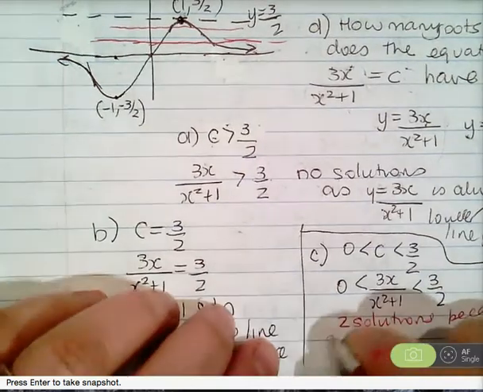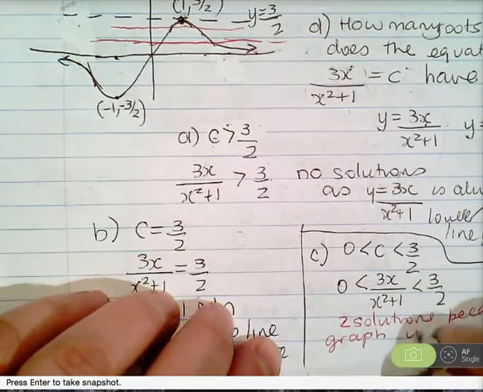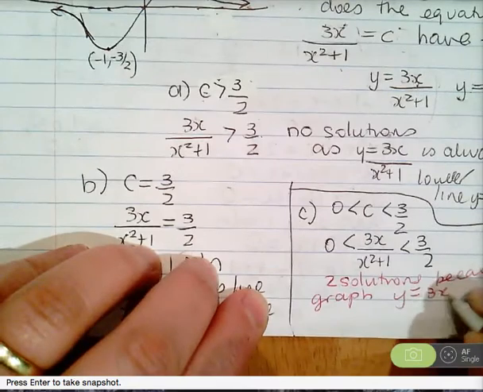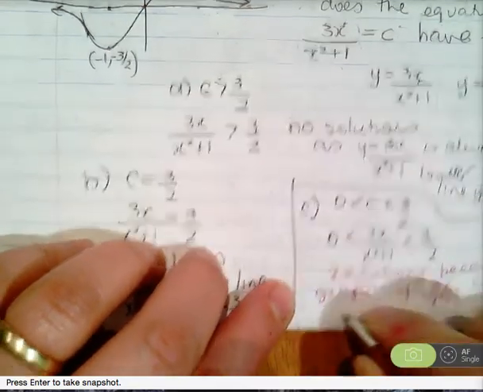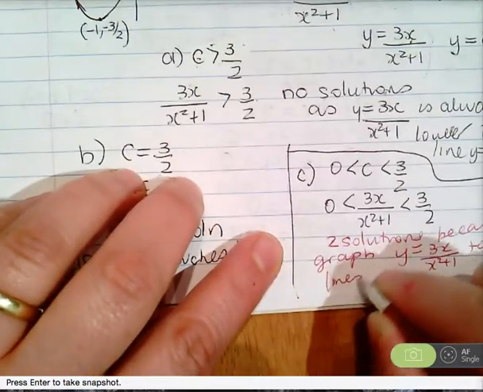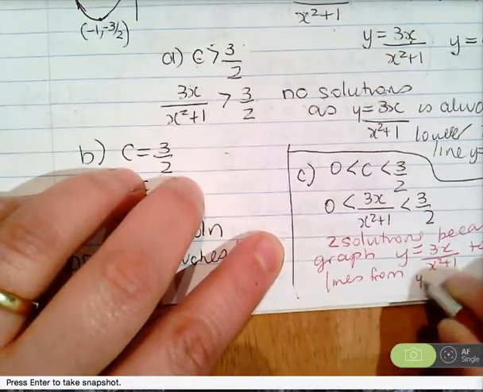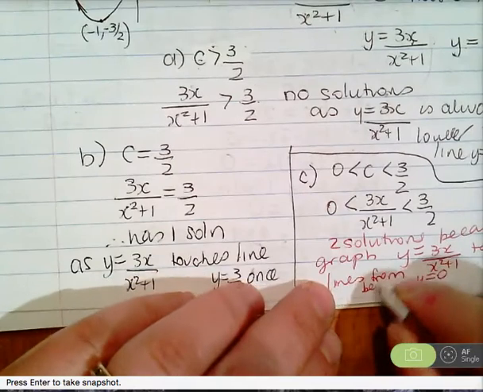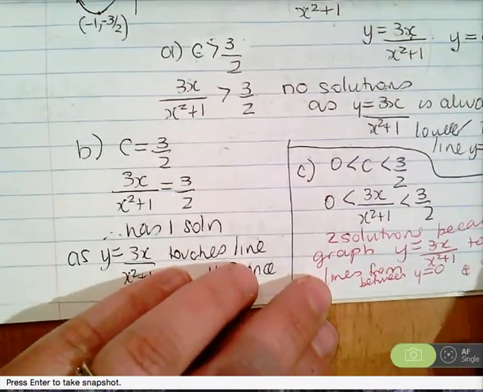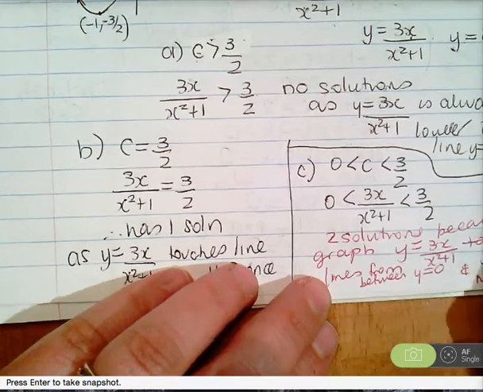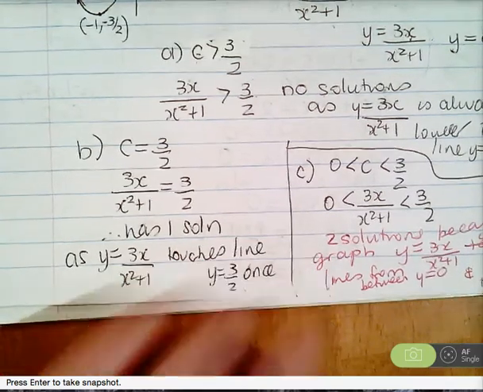because the graph y equals 3x over x squared plus 1 touches any lines between y equals 0 and y equals 3 on 2 twice. It cuts them, not touches, cuts.